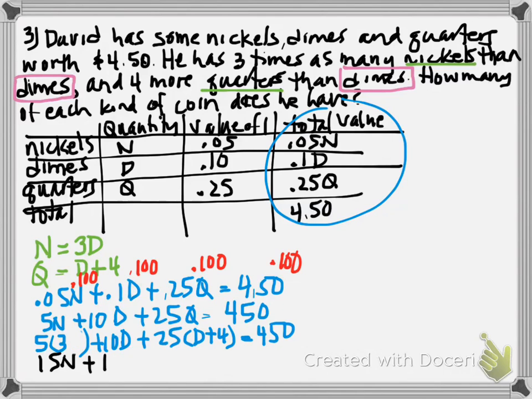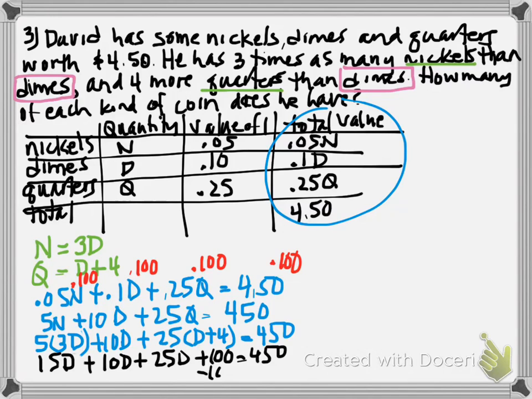That's okay. It's all about learning. That's a D, which makes him a D. Let's try that again. 15D plus 10D plus 25D plus 100 equals 450.